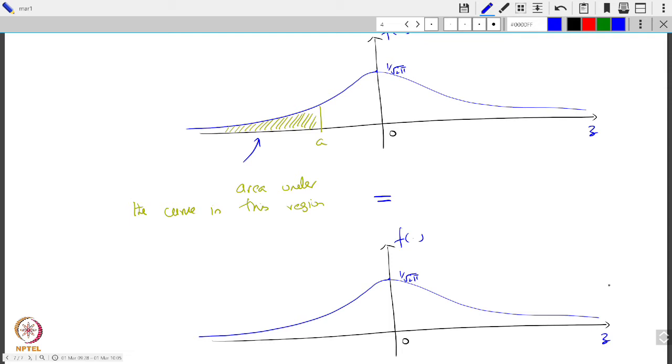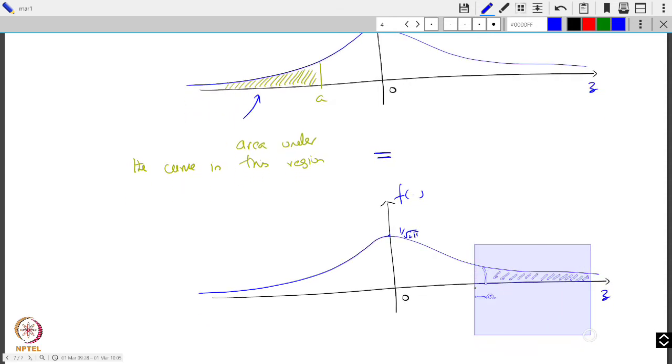Very good. The same as, I can go to this side, now minus a is positive, and I have the same area here. Same as the area under this region, under the curve.